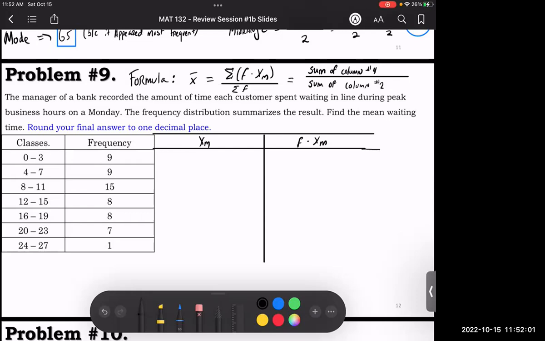We used this notation earlier. Anybody remember what xm stands for? Midpoint? Yes, that is your midpoint. So you take the midpoint of each class and then multiply it by the frequency to fill out column 4. But of course, you need to get those midpoints.